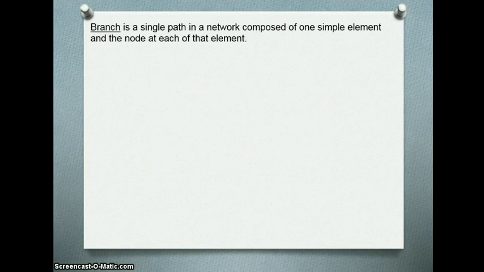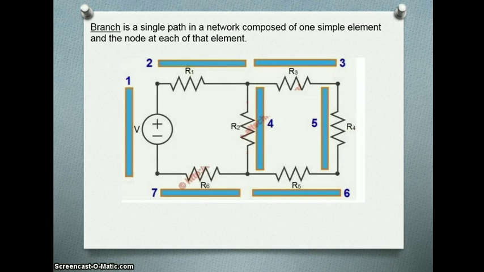Now coming to branch. Branch is nothing but a path. It's a single path. In the same example, all the branches are highlighted. A branch should have one element and there should be a node on both its ends.